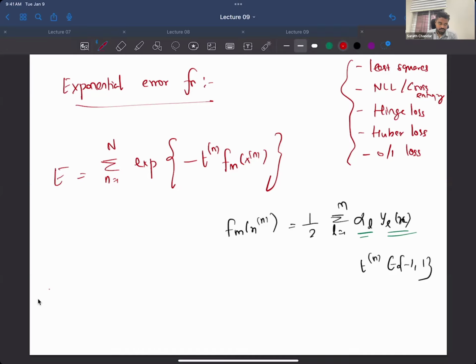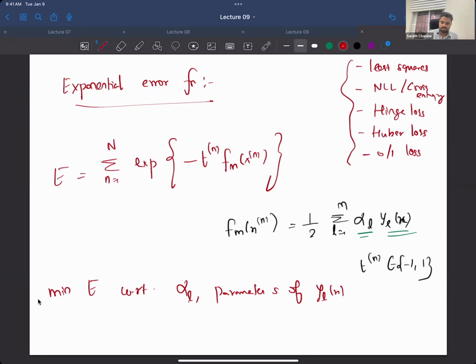So the goal here is to minimize E with respect to alpha l and the parameters of yl of x. This is not an easy thing to do, by the way, because we are trying to minimize the error with respect to two different things: the weight that you're giving to the classifier, and simultaneously the parameters of the classifier itself. Is that clear?